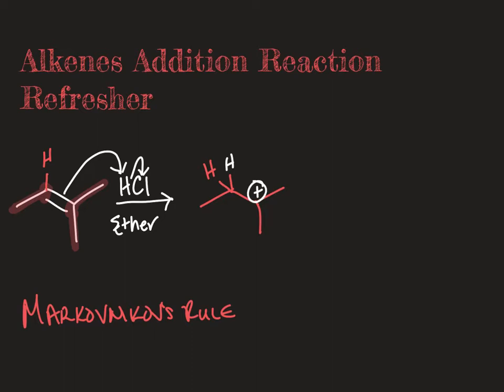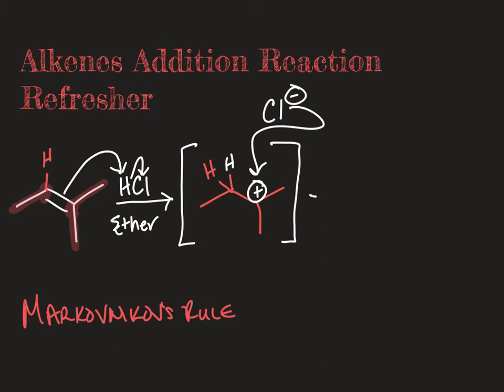So we have our carbocation. This is our carbocation intermediate. And we've also formed a chloride ion. That ion is now going to attack the carbocation, and we form our final structure.